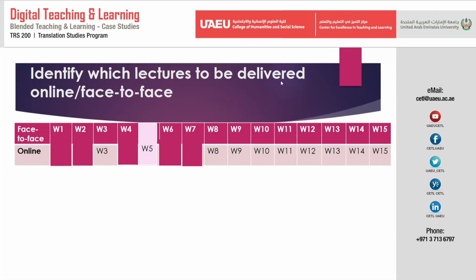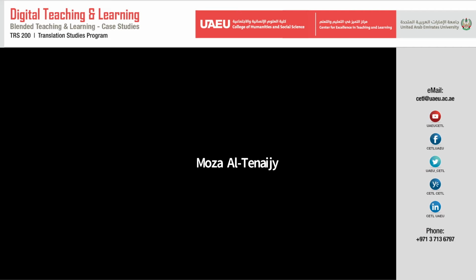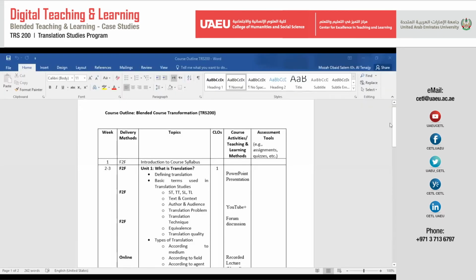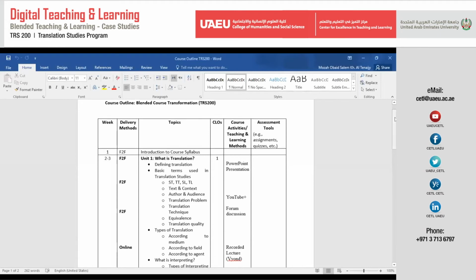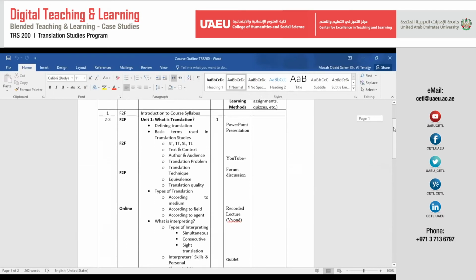I would like actually to share a Word document with you. So I think I will stop this part. This Word document actually represents the course outline, basically by the week and the delivery method and the assessment I was using and the activities involved under each topic.